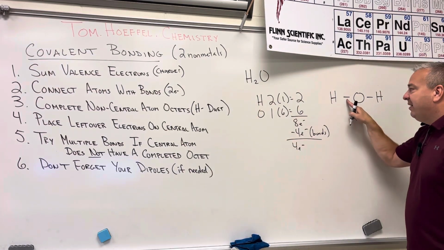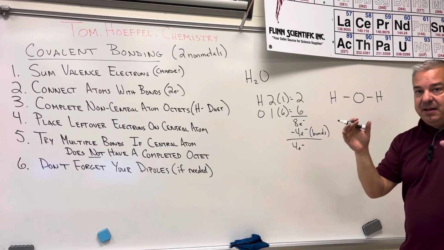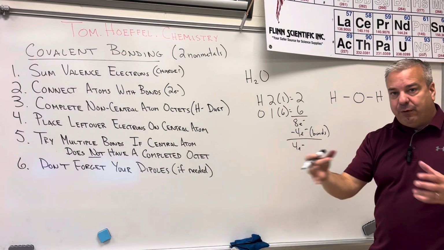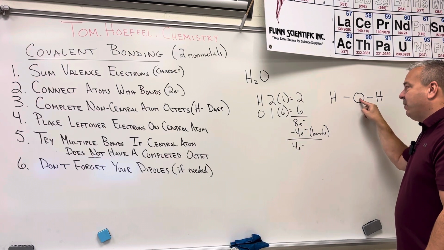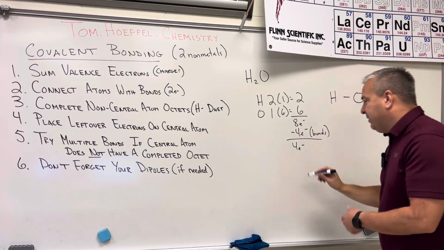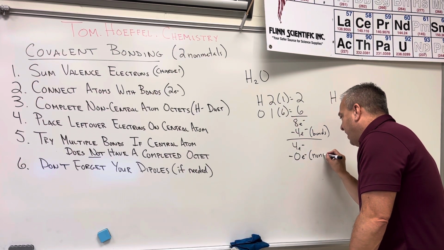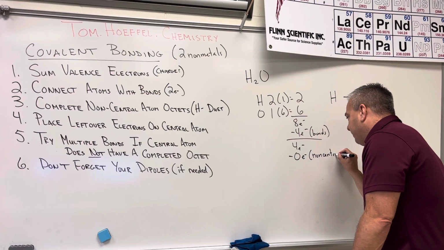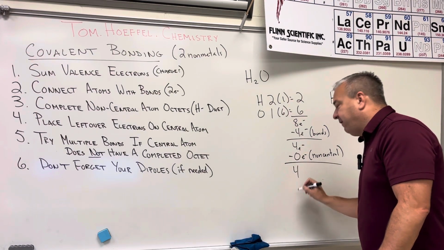And if we look here, each of these hydrogens already have 2 electrons because the shared electrons count for both atoms. These 2 electrons count for the hydrogen as well as the oxygen. So each of these hydrogens are already happy. So we're going to use 0 electrons on the non-central atoms because their duets are already fulfilled.